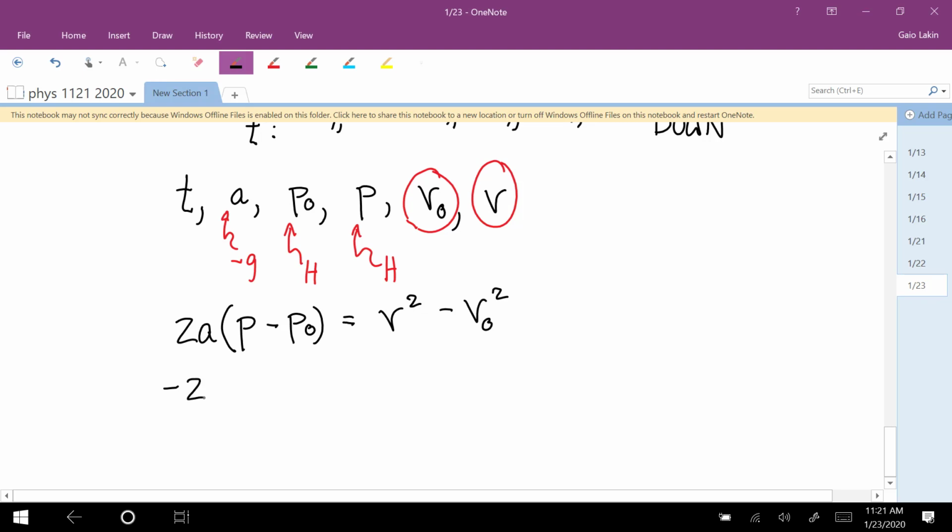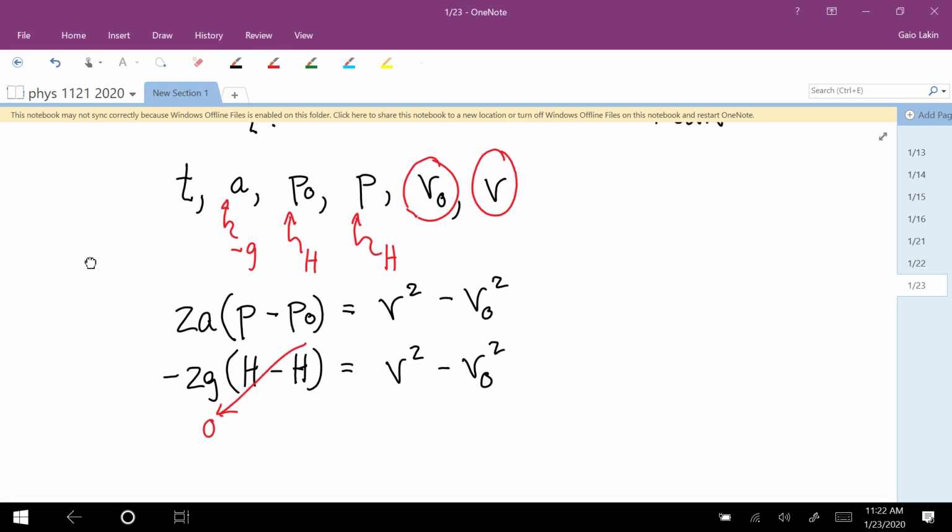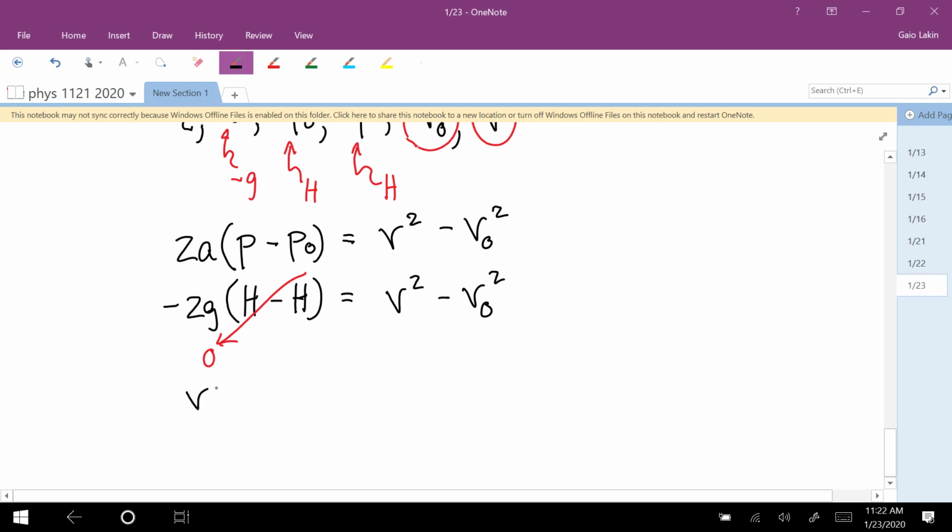You get negative 2g times the quantity capital H minus capital H is equal to v squared minus v0 squared. The left side goes away because those heights are the same. And so v squared is equal to v0 squared, which means their magnitudes are the same. The only thing that is different is the signs.